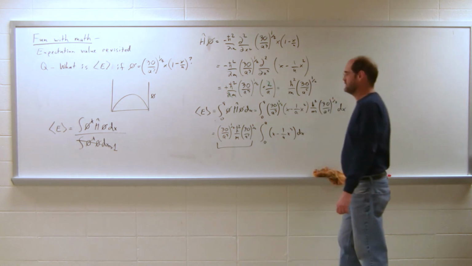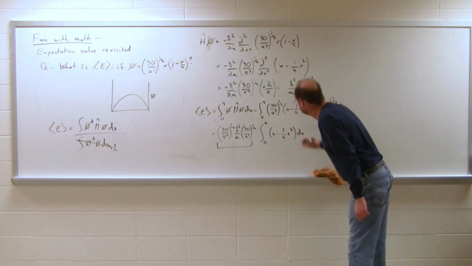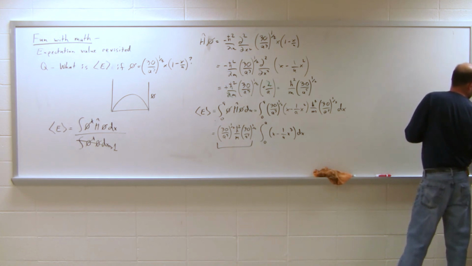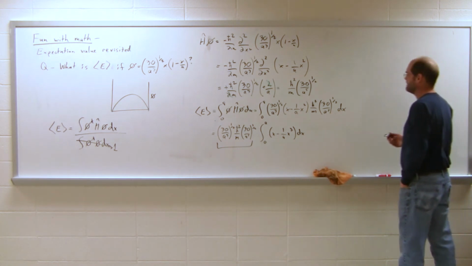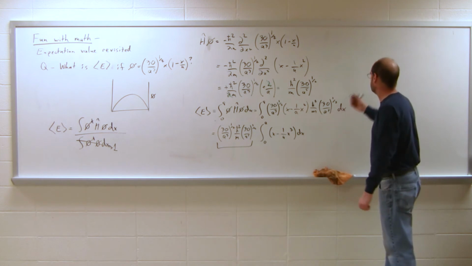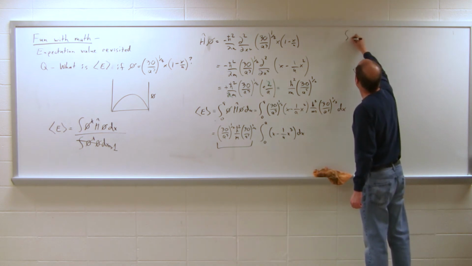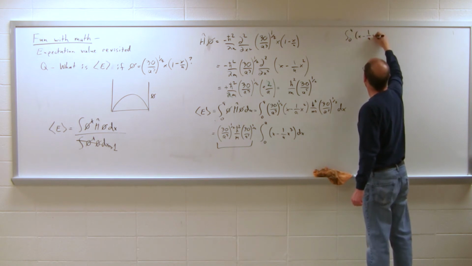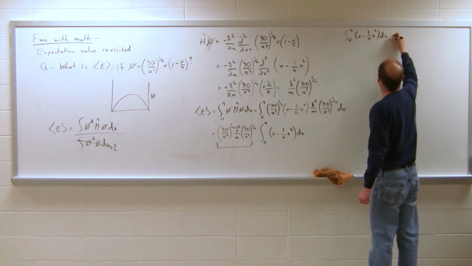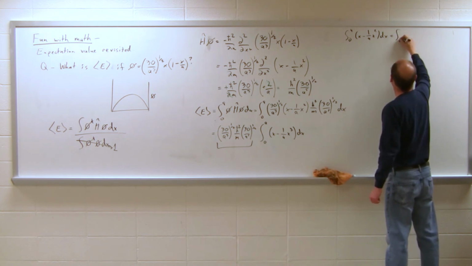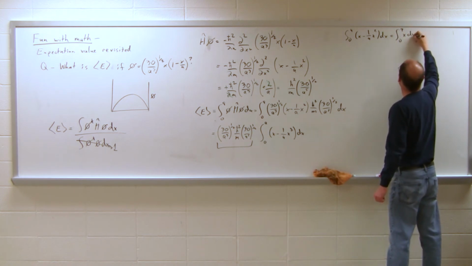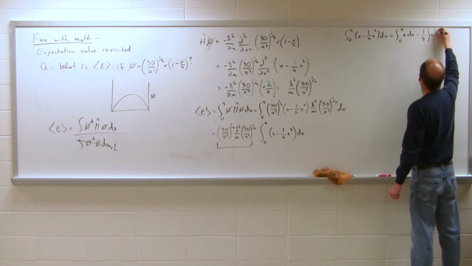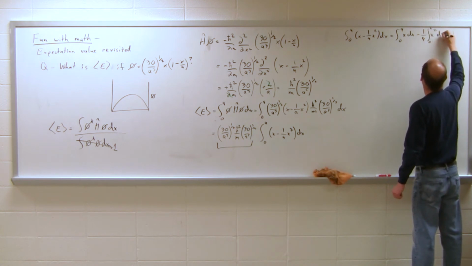That looks a little bit easier, doesn't it? I'm going to take this and turn it into two integrals. The integral from 0 to a of x minus 1 over a x squared dx is just equal to the integral from 0 to a of x dx minus 1 over a times the integral of x squared dx.